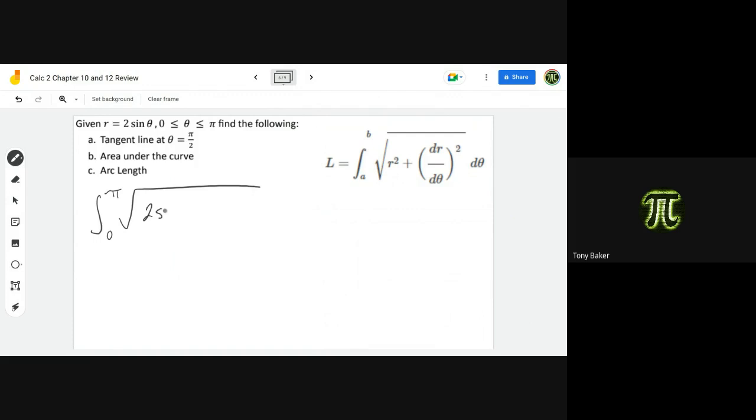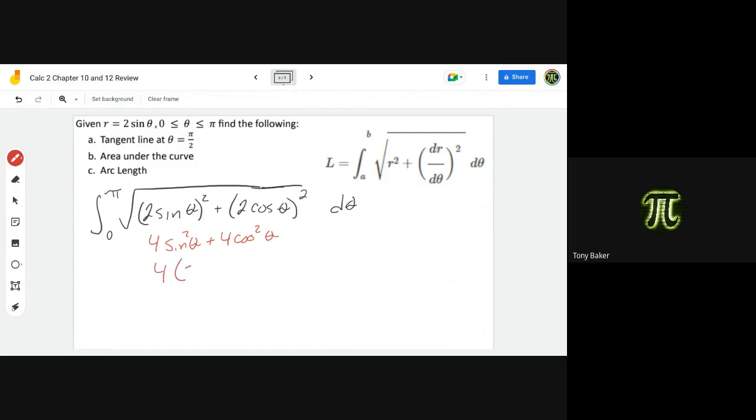We have 2 sine theta squared plus 2 cosine theta squared. So just working inside the square root, I have 4 sine squared theta plus 4 cosine squared theta.